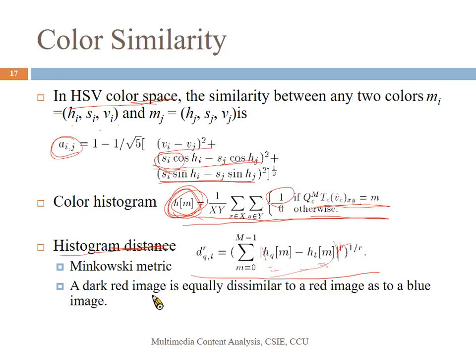A dark red image may be equally dissimilar to a red image as to a blue image. But for our human perception, we feel that the dark red image is more similar to the red image, and it would be distinct from the blue image. If you take the Minkowski metric, this will be a problem.